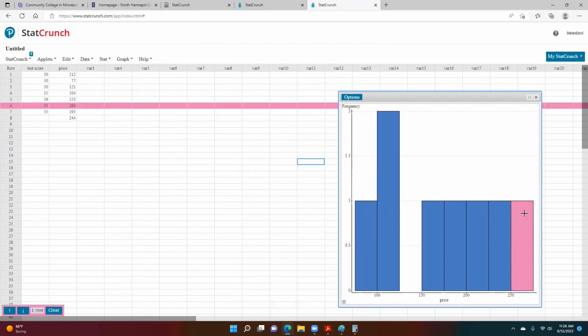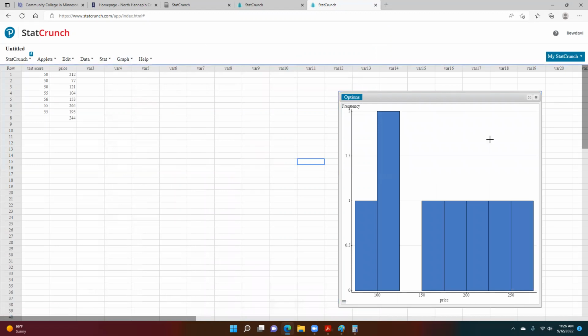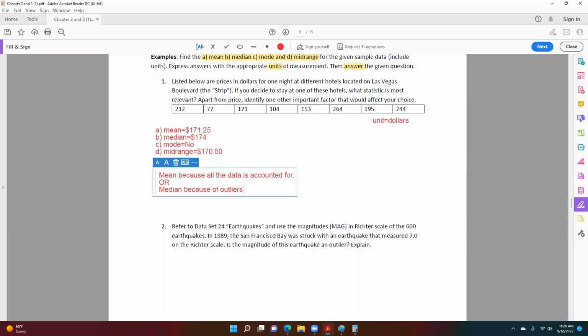Maybe this 264 might be an outlier here. Again, I haven't taught you how to find outliers yet. So the main reason why people pick median is because of the outlier case here, and maybe 264. Maybe, okay, again, you don't know.